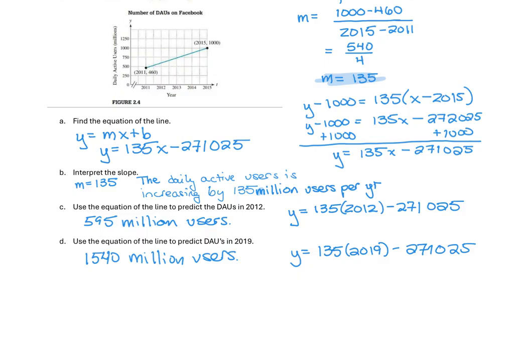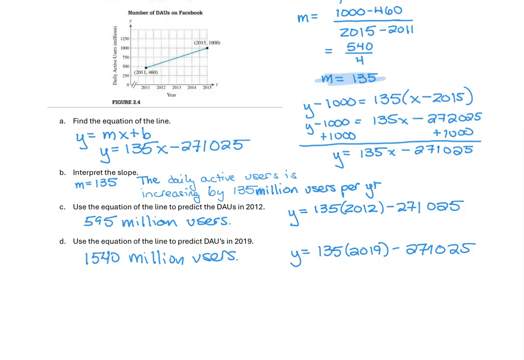All right, though we're technically not asked to find it, this first one, 2012, is an example of interpolation. This is inside my range of values. The 2019 is somewhere over here, and this is an example of extrapolation.